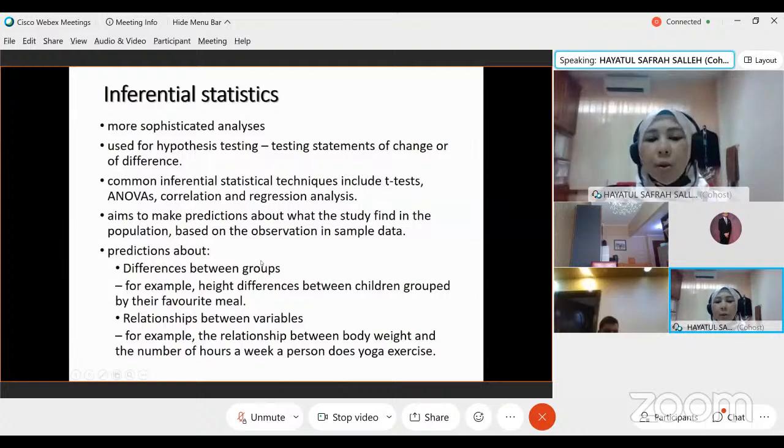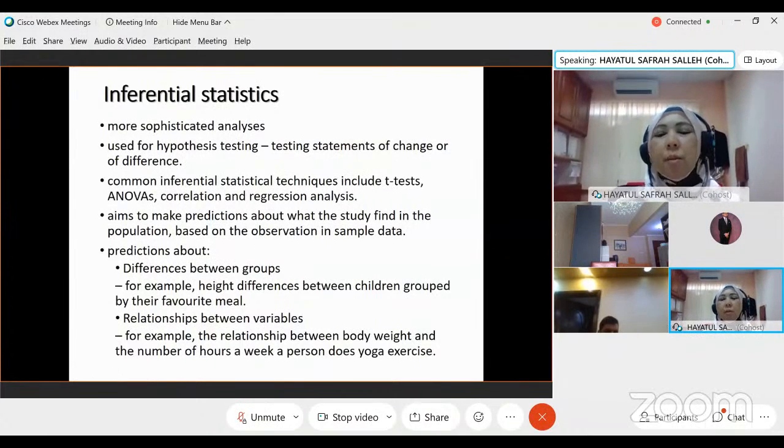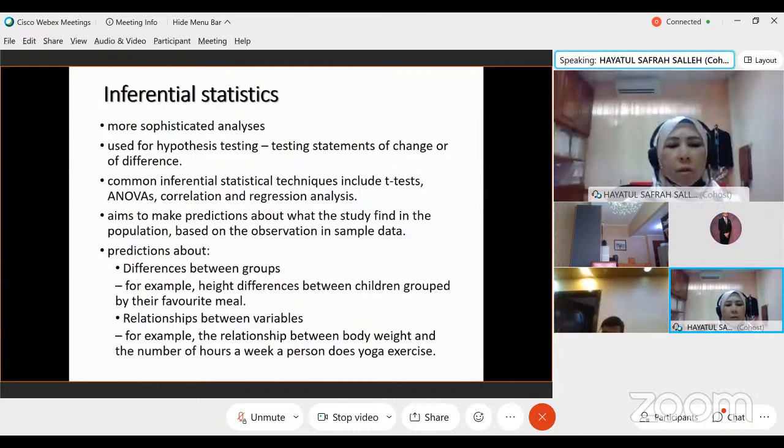And also you can use PLS-SEM and a few other things. Delphi techniques you can also use. There's a lot of software that you can use, as long as the method can answer your hypothesis. You have to justify why you use those things.